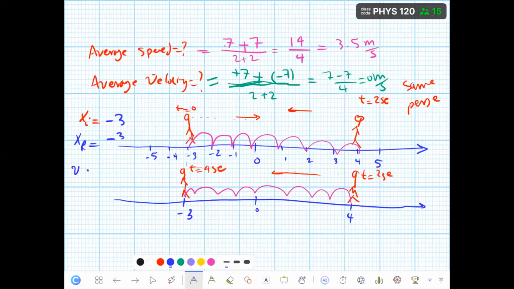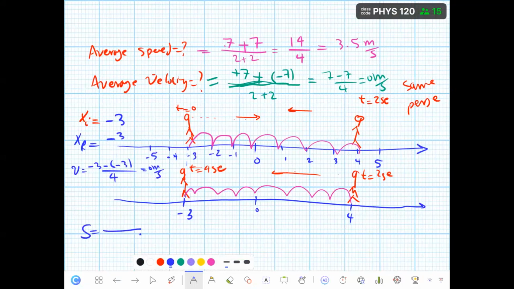So the velocity is going to be xf minus xi divided by how many seconds? 4 seconds. -3 minus -3 is going to be negative plus 3. It's going to be 0 meter per second. But if you want to calculate the speed, the speed is going to be the distance traveled.